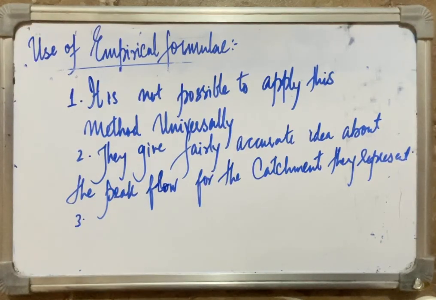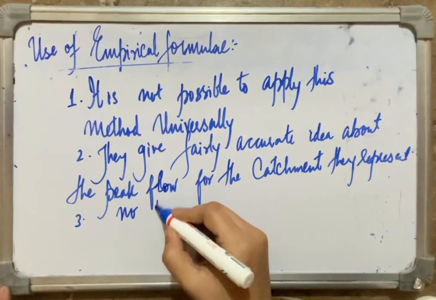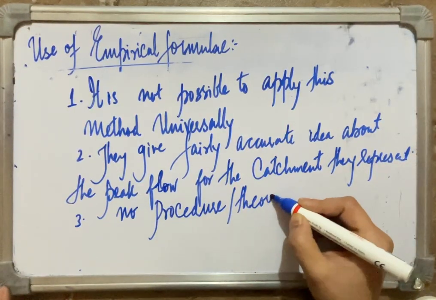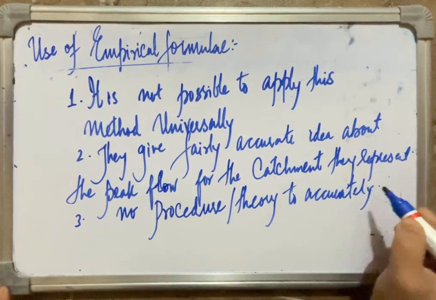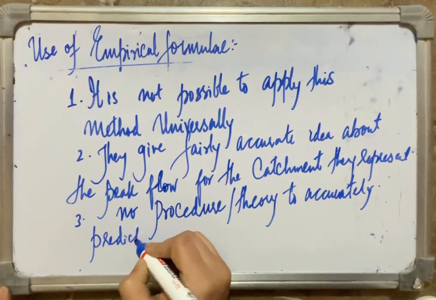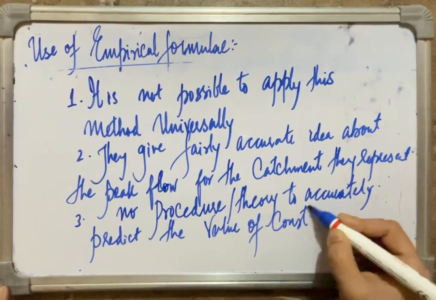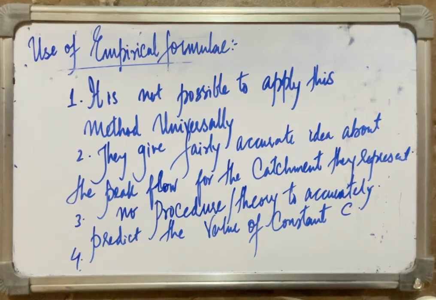Third one, it is very difficult to fix the constant or formula, and there is no exact procedure or theory to accurately predict the value of constant C. Fourth one, the empirical formulas do not take into consideration the frequency of floods.